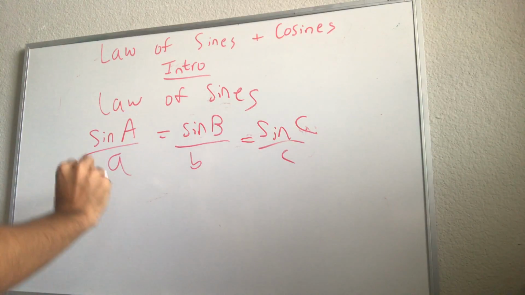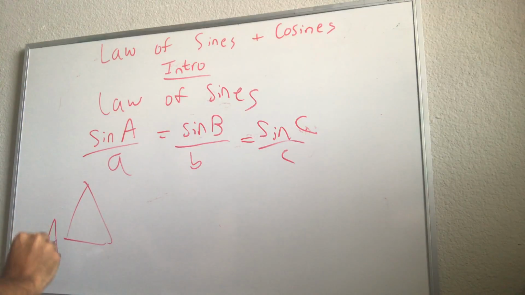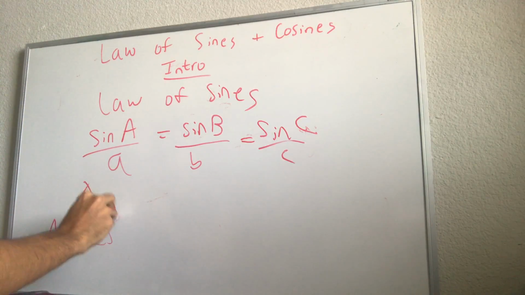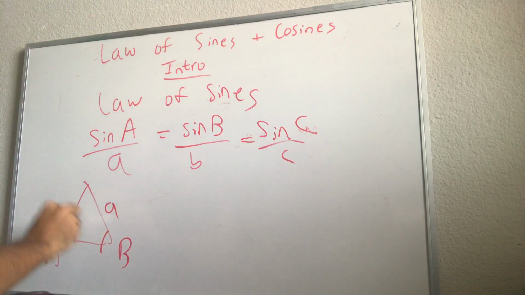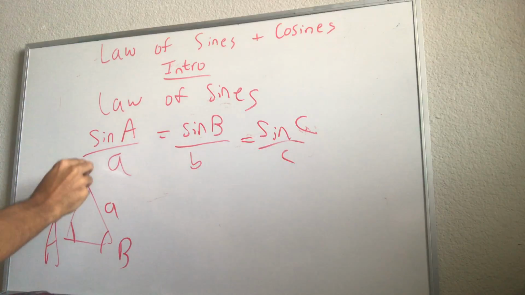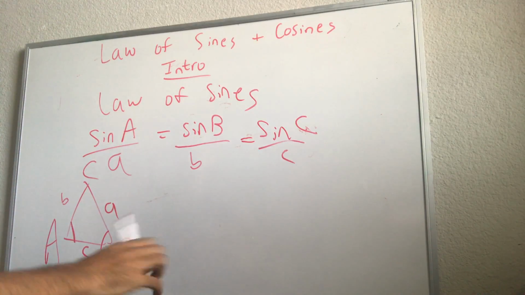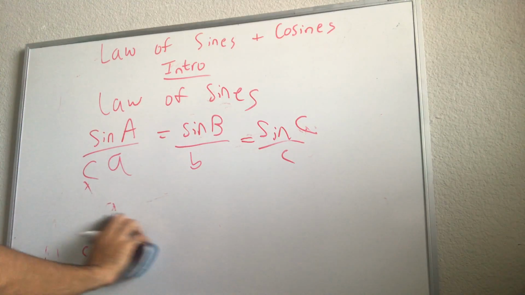So if you have a triangle and this angle is A, then this side length is lowercase a. If this angle is B, I would label this side lowercase b, and if this angle is C, then this side length would be c. That's just the notation you want to know, and that's what the law of sines states.